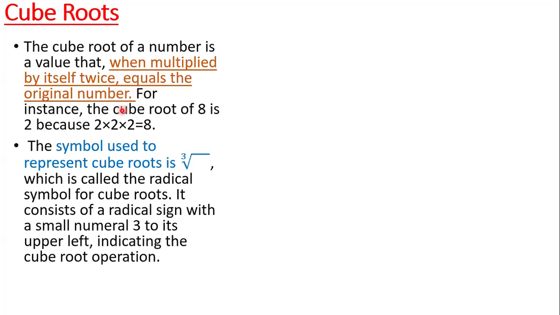For instance, the cube root of 8 is 2 because 2 times 2 times 2 equals 8. The symbol used to represent cube roots is the radical symbol with 3, which is called the radical symbol for a cube root. It consists of a radical sign with a small numeral 3 to its upper left, indicating the cube root operation.